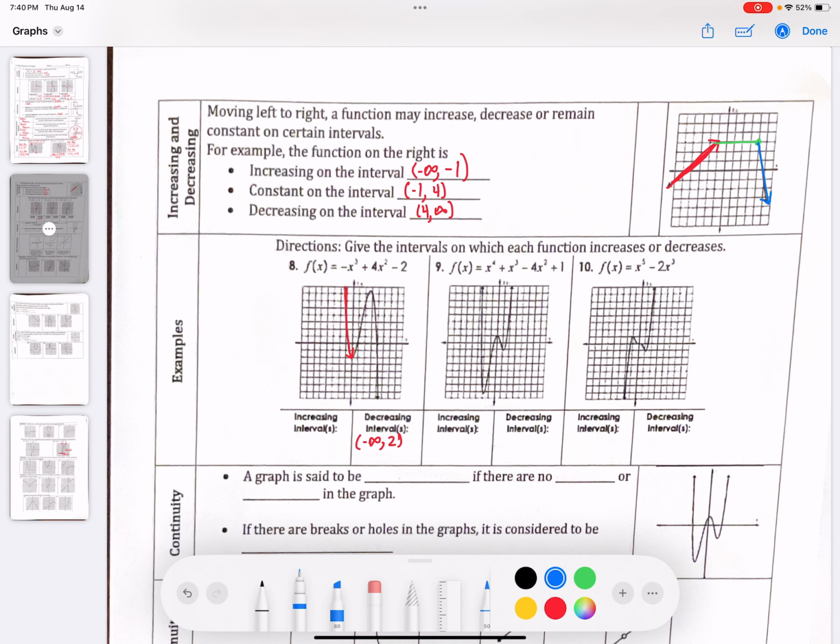Then, no, I'm sorry, that's at 0, because that's on my x-axis, okay?